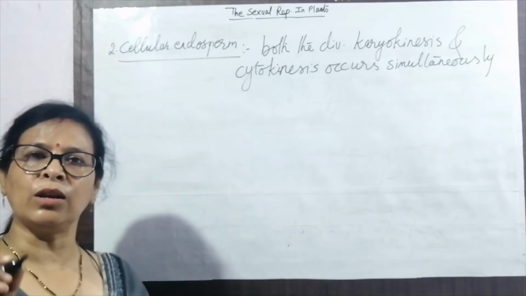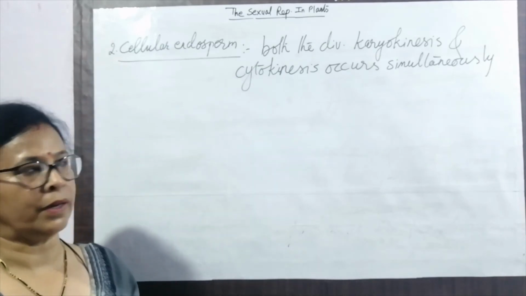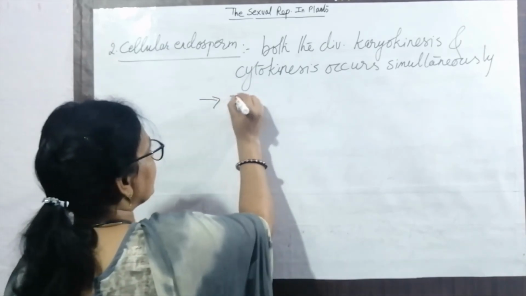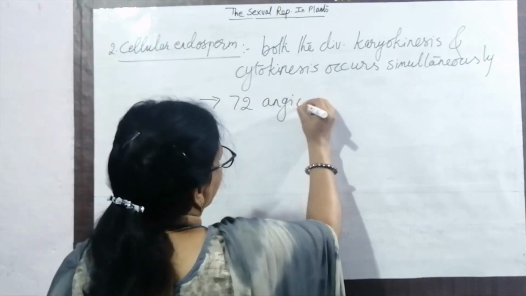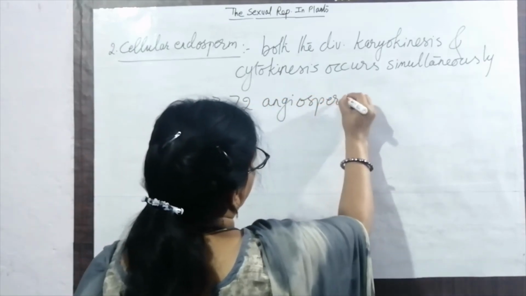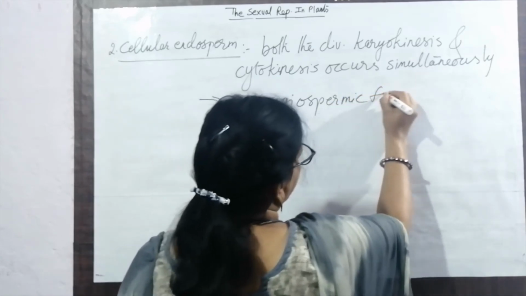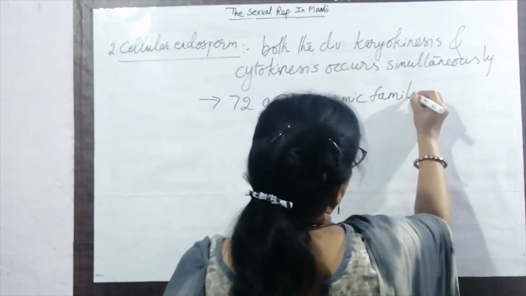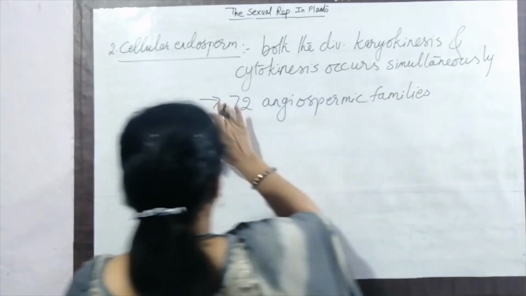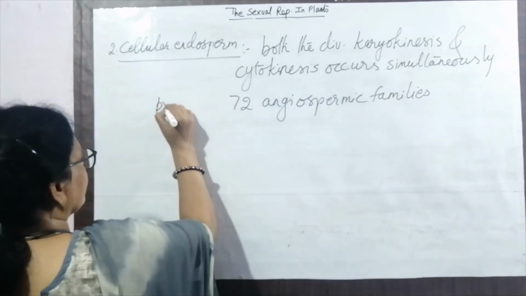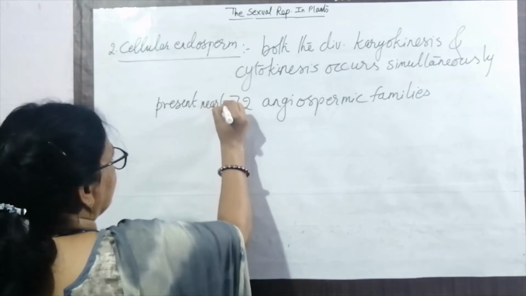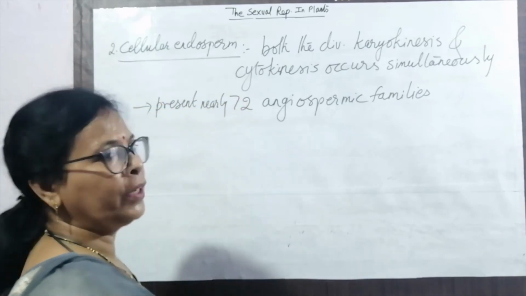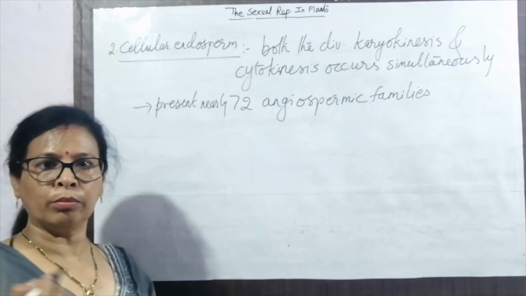So it is called cellular endosperm development. It is present in about 72 angiospermic families, so it is also a known method.